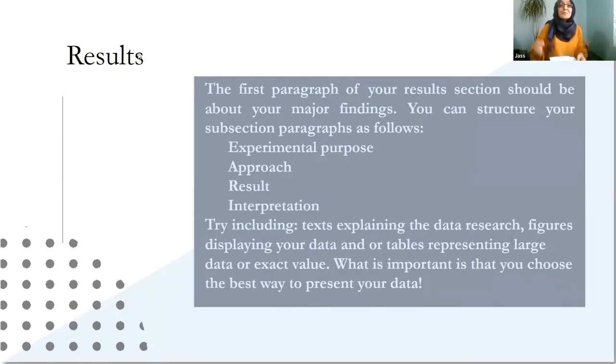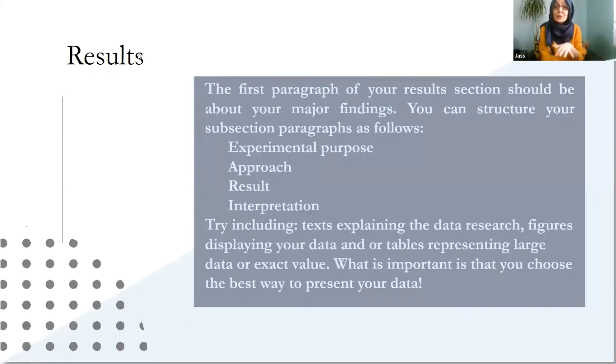Now, when writing our results, we can use pie charts, tables, graphs. We have to explain everything. But when we're explaining it, we have to be sure to use the right methods. For example, if I don't have numbers in my research, if I'm not dealing with numbers, then there's no point in me including a pie chart in my results section.